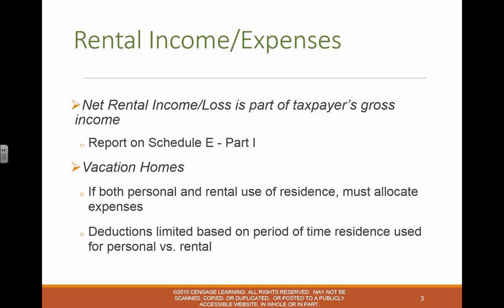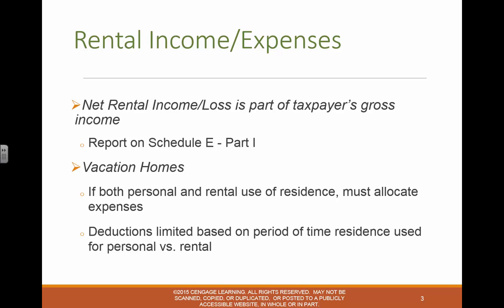You probably haven't looked at an E before. When we looked at a C, it was basically a profit and loss for a business, right? A Schedule E is a profit and loss for a rental. And you can see all the items of expense are what you would expect if you had a rental.